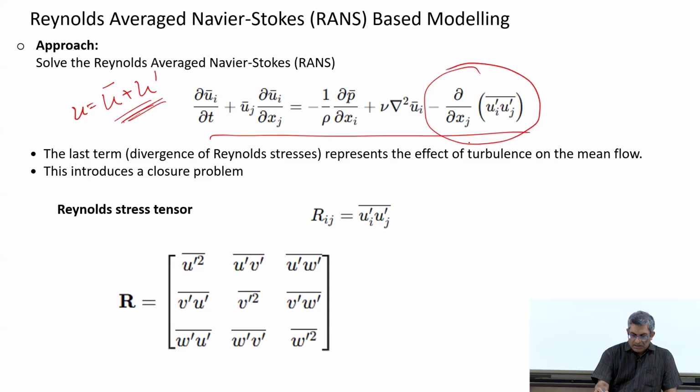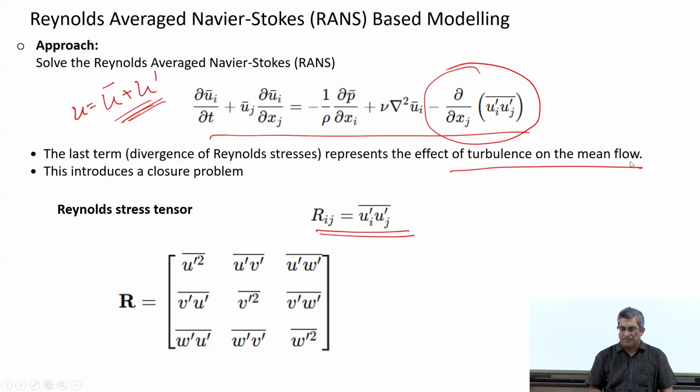We have already discussed what is meant by correlation between two quantities. So this basically represents the divergence of Reynolds stresses, where Reynolds stress is given by this. In RANS based modeling, this term represents the effect of turbulence on the mean flow, that is, how the mean flow would change due to turbulence.